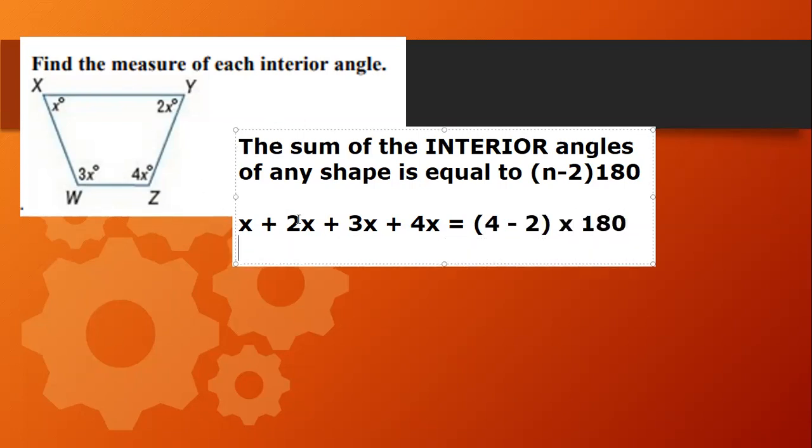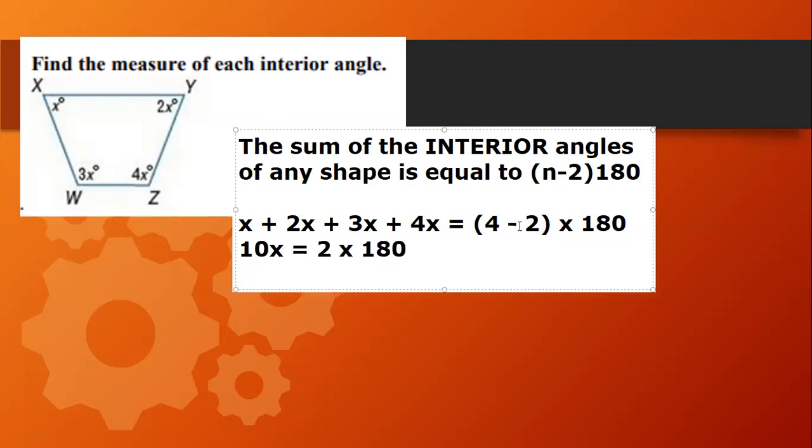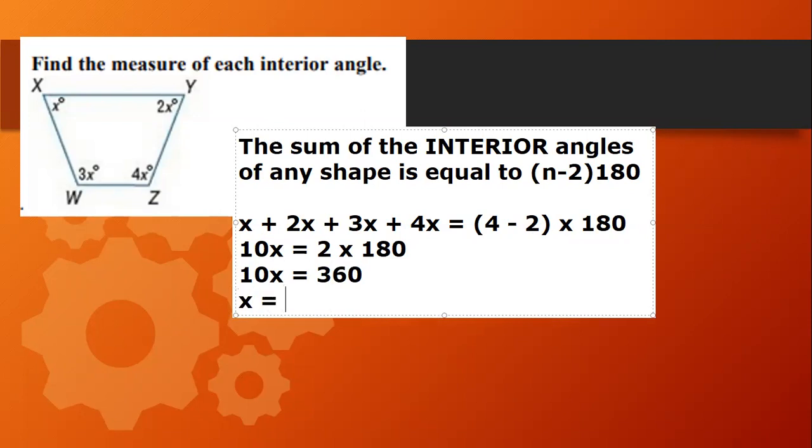X plus 2x is 3x, plus 3x is 6x, plus 4x is 10x. 10x is equal to 4 minus 2 is 2 by 180. Then 10x is equal to 2 by 180, which is 360. Which means x is equal to 360 over 10, which gives me 36.